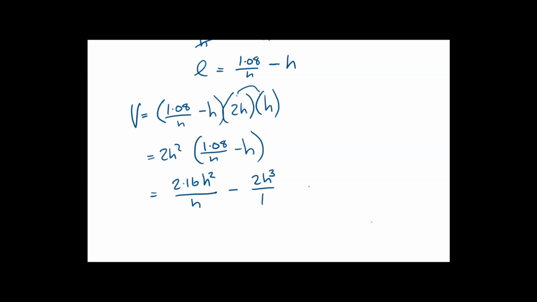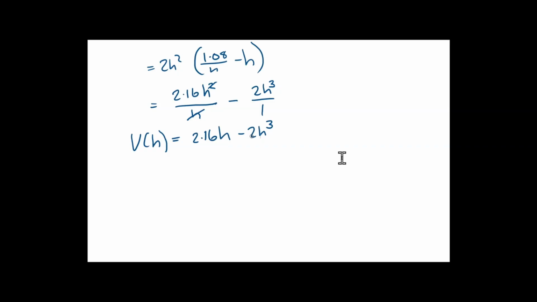Okay, so the h here is going to cancel. So our volume is a function of h. It's going to be 2.16h minus 2h cubed. So now we have volume in terms of h, and we see that we can differentiate that.